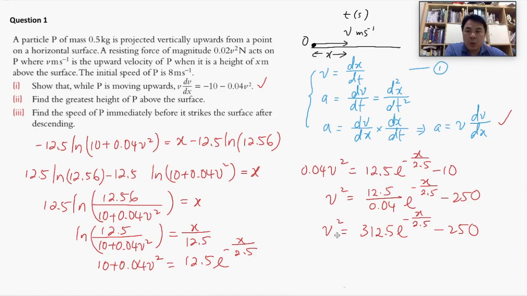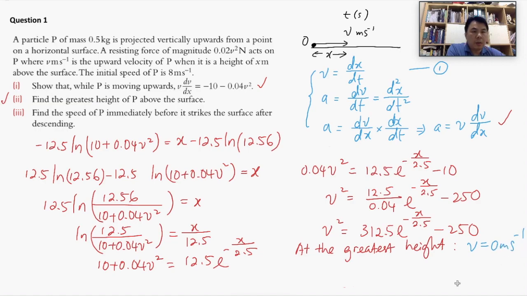To answer number 2, we need to find the greatest height of P above the surface. At the greatest height, we have v equal to 0.